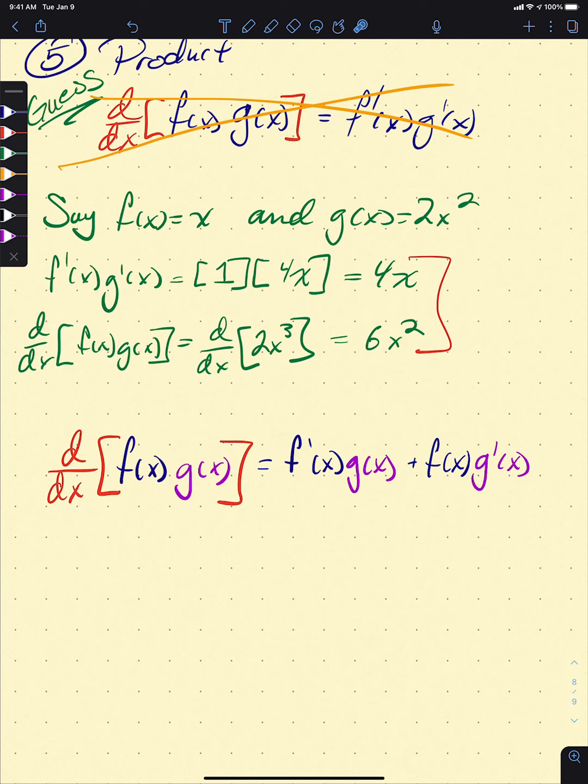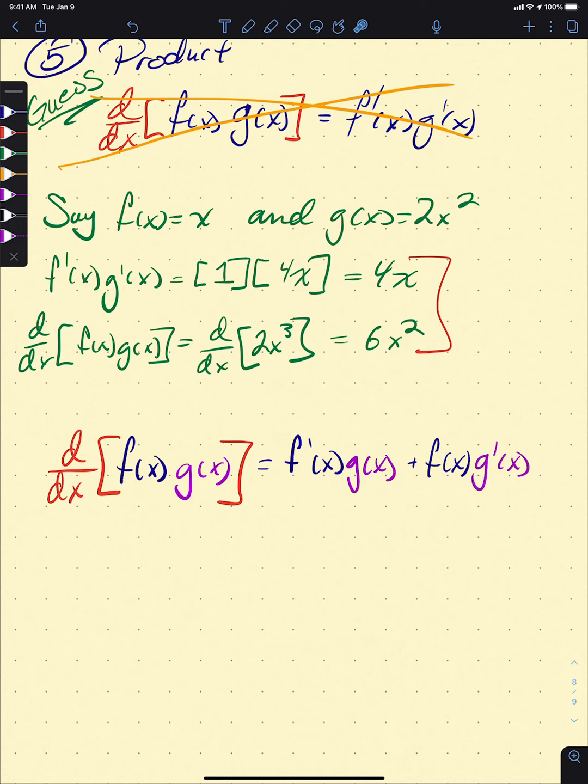So you take the derivative of the first one times the second, plus the first one times the derivative of the second, okay? And this is one that we will use all throughout the quarter, and so we ought to get used to it.